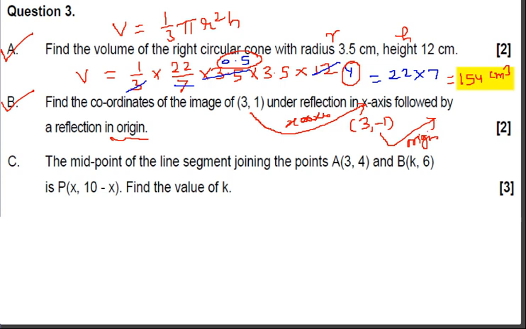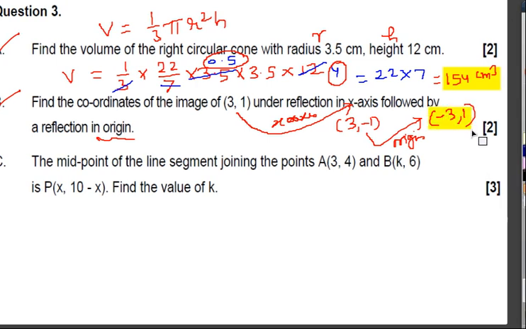I have taught you in part 1 also. So when you are reflecting in the origin, both the points will change, so it will become minus 3 and 1, because the sign of x and y both will change. So the correct answer is minus 3 and 1. So x is minus 3 and y is 1.